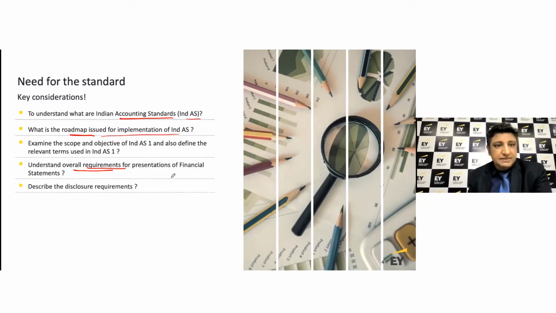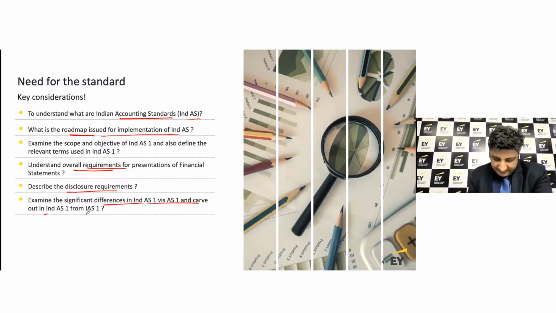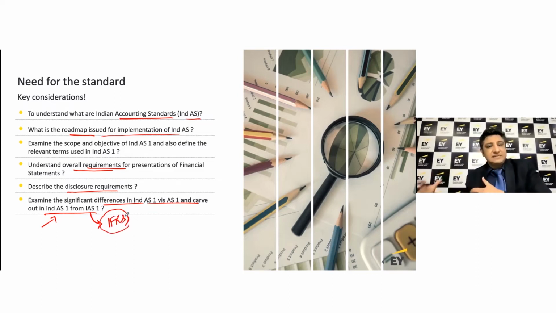Okay. Similarly, the disclosure requirements, we want to discuss those in detail. And we also want to understand, importantly, the differences between Ind AS 1 versus AS 1 that we had studied, and the carve-outs from Ind AS 1 to IAS 1. This is basically within the IFRS the standard on presentation of financial statements.